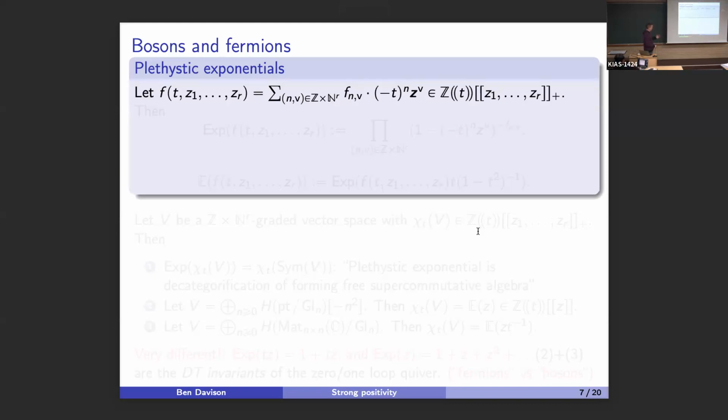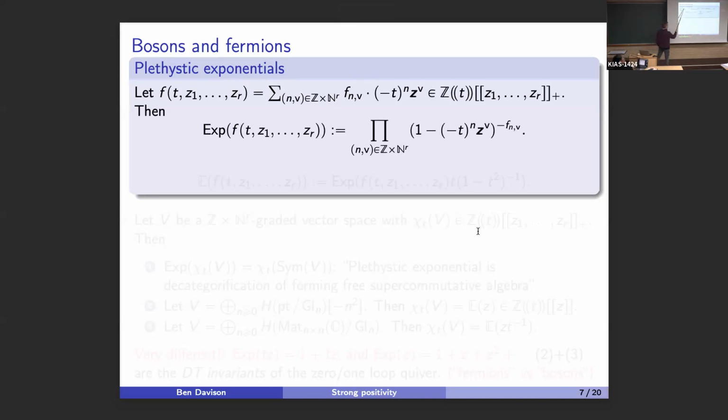that plays an outsized role in refined DT theory is something called the plethystic exponential. I'm not going to assume anyone here knows what those are, though I know that some of you do. So here's the definition for you. Let f be a formal power series in all of these variables. And I'm going to treat t as being somehow special, because t is special throughout this talk.